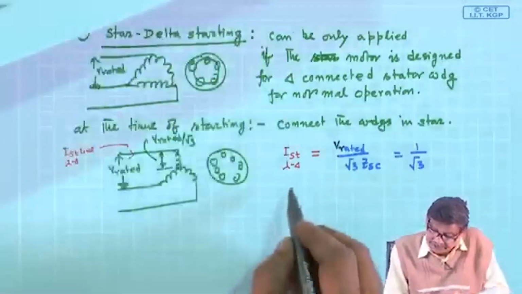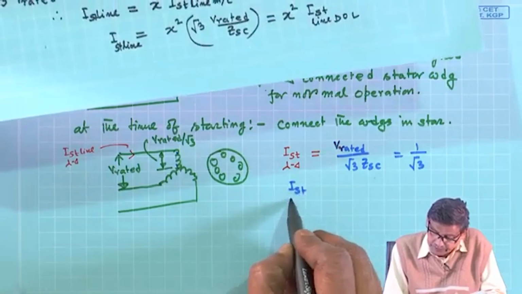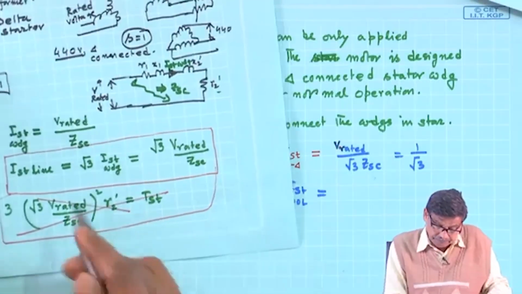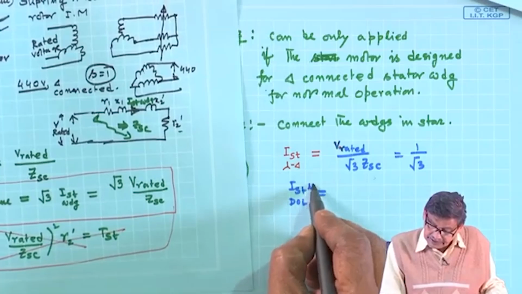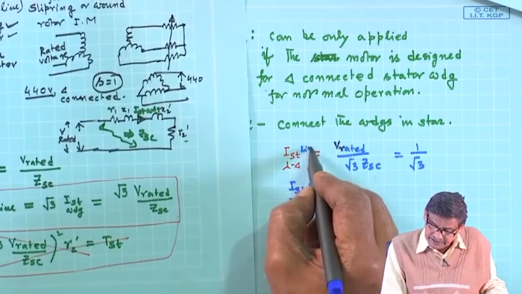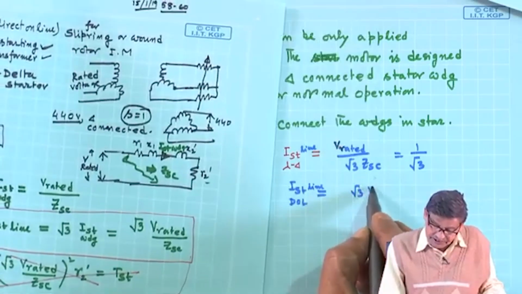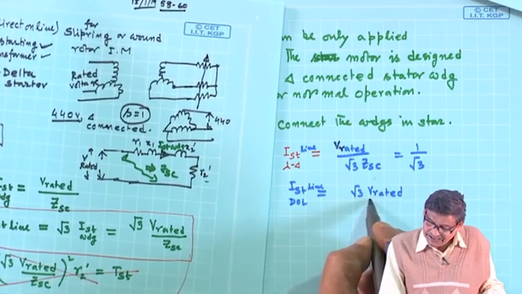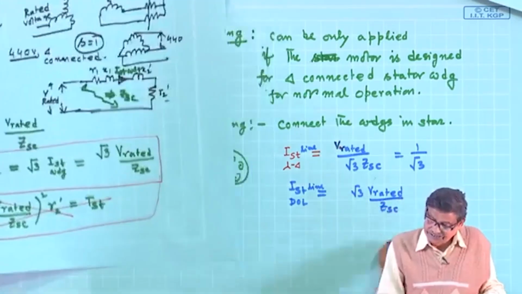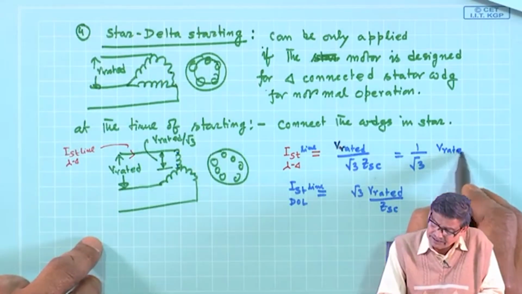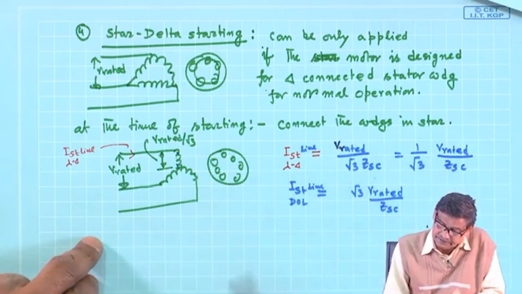And what was the I starting DOL? I will write there, because I am comparing everything with that. I starting line DOL was root 3 V rated by ZSC, is it not?